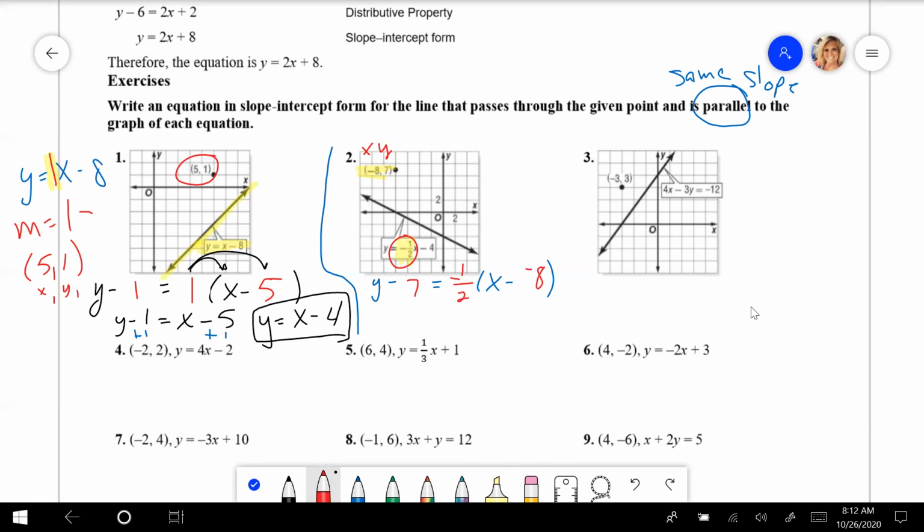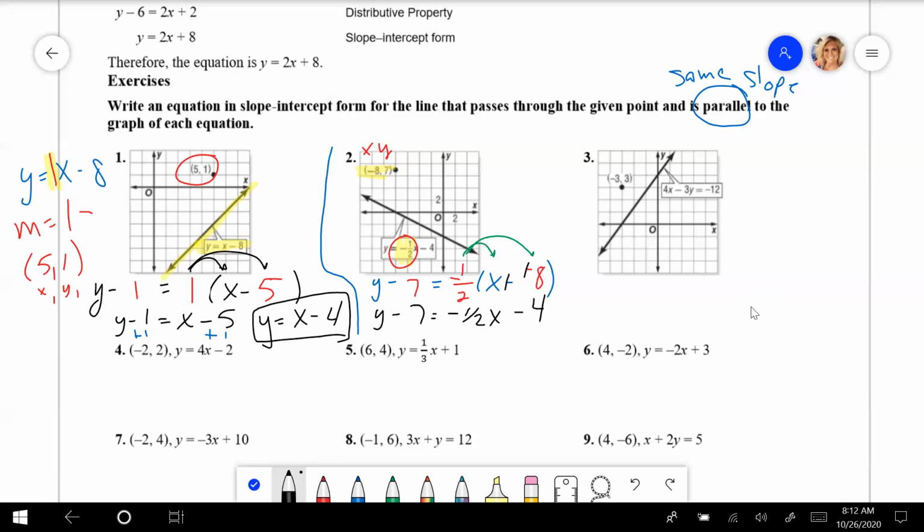Now, it says it has to be in slope-intercept form. So I'm going to have to multiply right here. I'm going to get y minus 7 equals negative 1/2 times x, negative 1/2 x. Oh, wait, before I start, look, minus and negative, that changes these to positive. Now multiply. I'm sorry, negative 1/2 times positive 8 is negative 4.